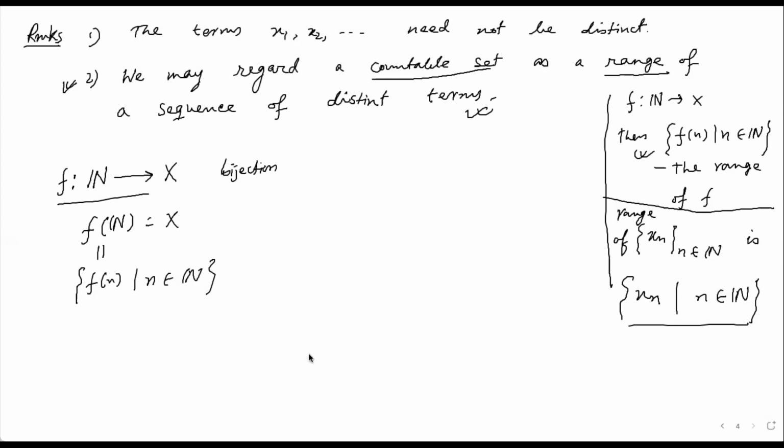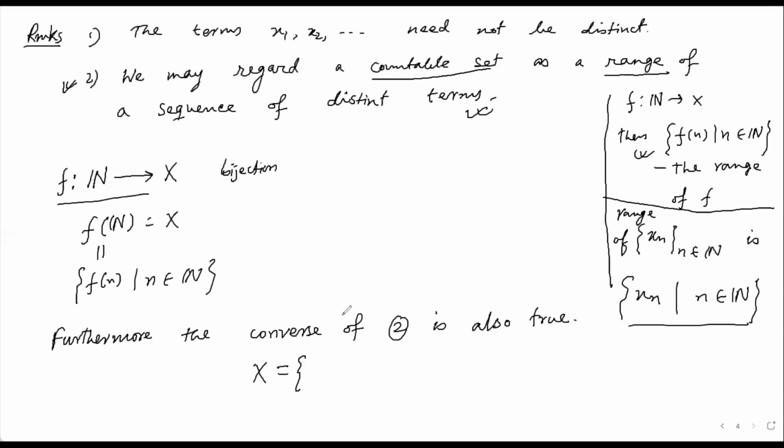Furthermore, the converse is also true. If you can write the elements in X as the range of a sequence of distinct terms, that is x1, x2, and so on, where xn is not equal to xm for all m not equal to n in the set of all natural numbers, then X is a countable set.